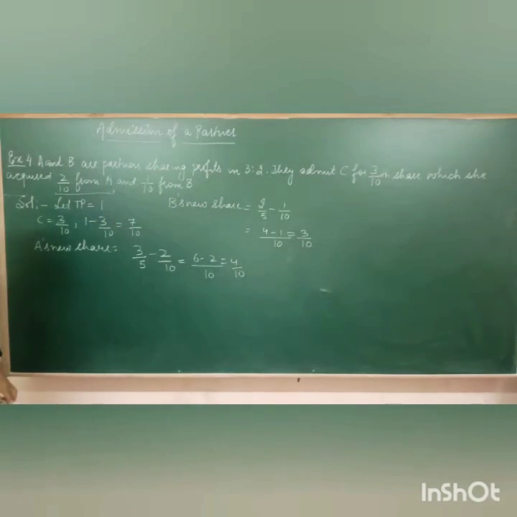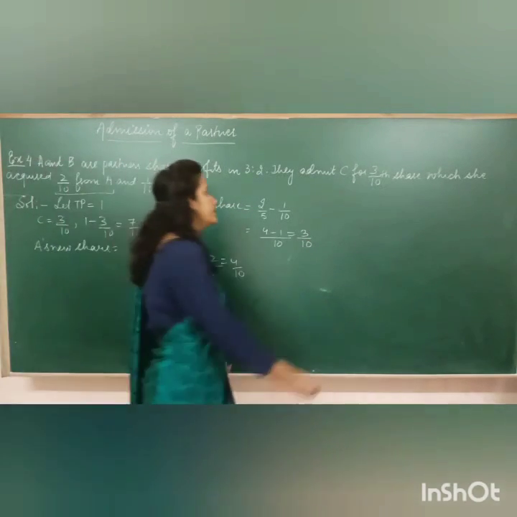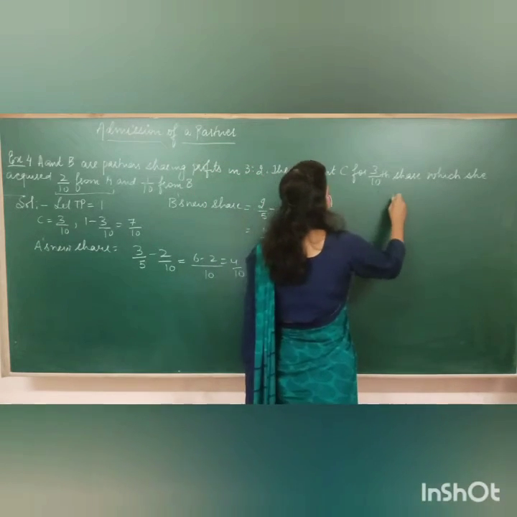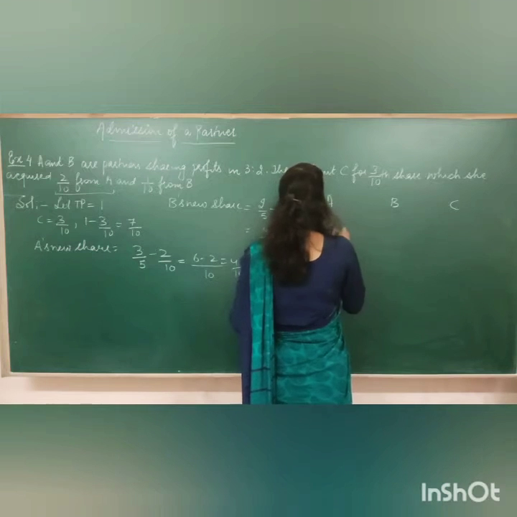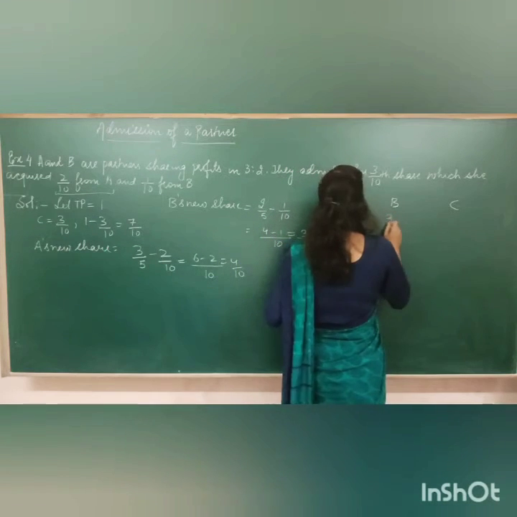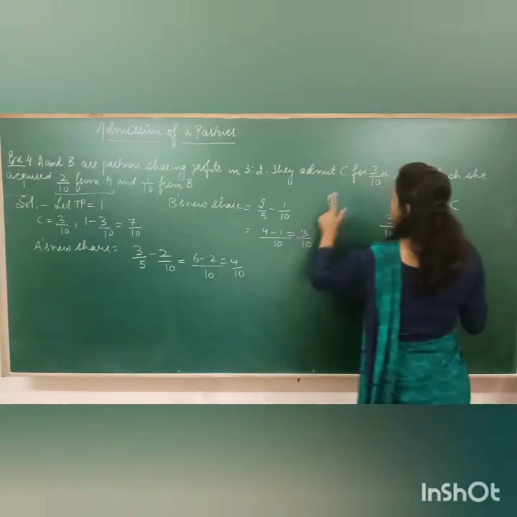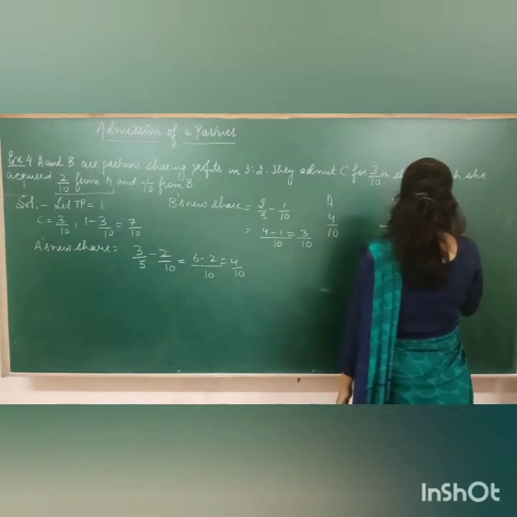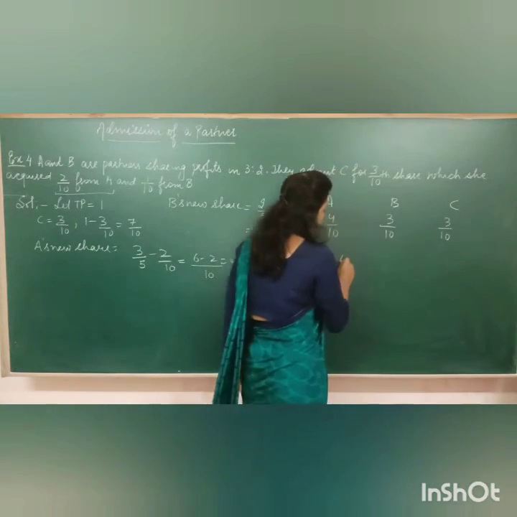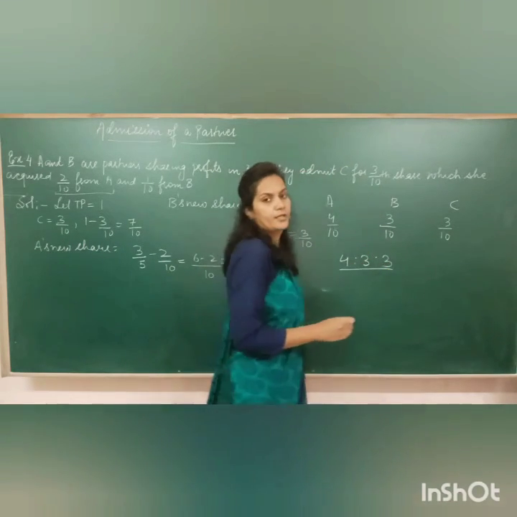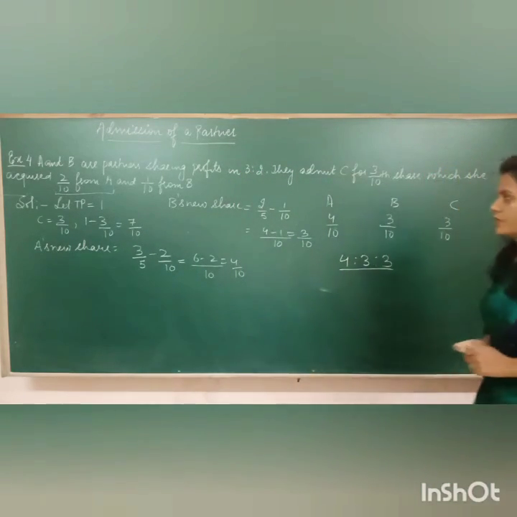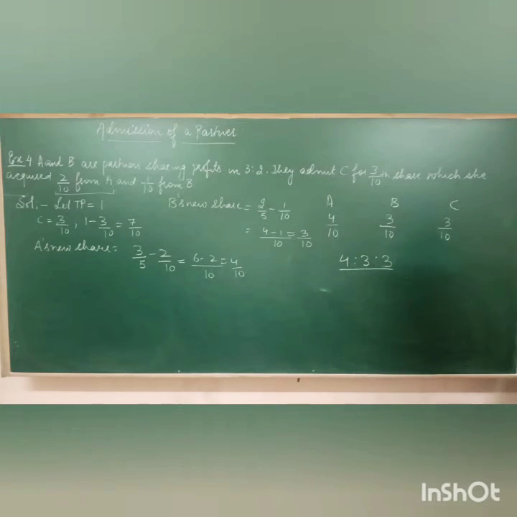Now if I would like to calculate A, B's and C's new share, it would be like this. A's share is 4 by 10, B's share is 3 by 10, and C's share is given to you in the question, 3 upon 10. So it becomes 4:3:3. I hope this point is clear to everyone, how to find out the new ratio.